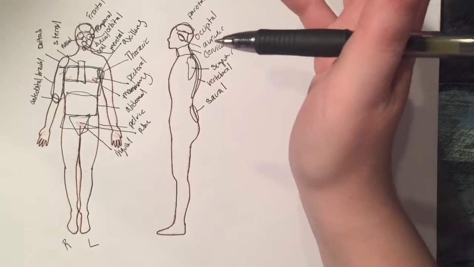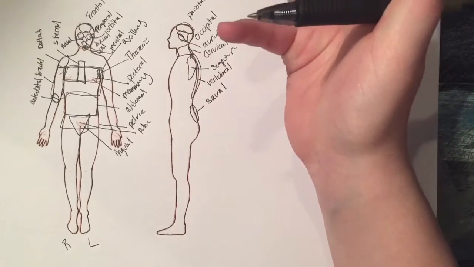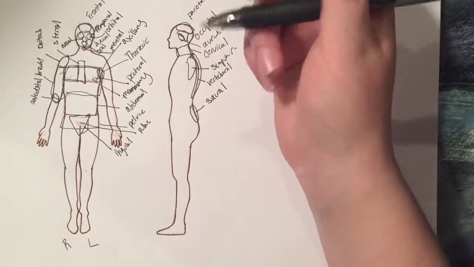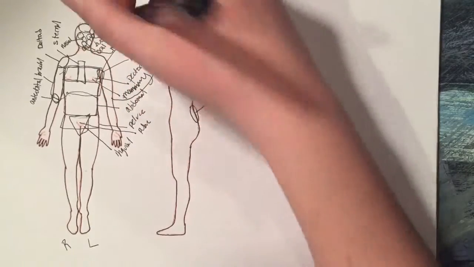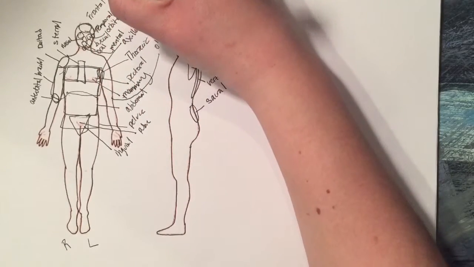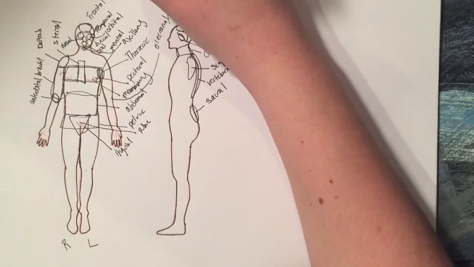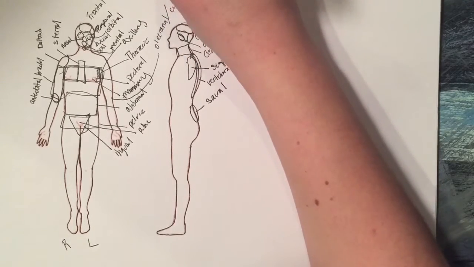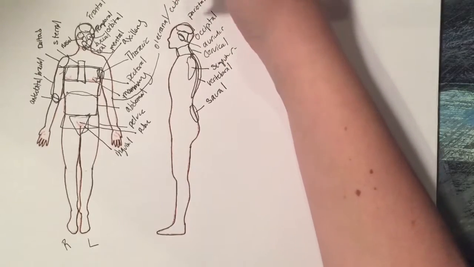Olecranon because you have olecranon process, and then I don't really know where they get cubital, but it's also used. So draw it right here. Olecranon/cubital. Sometimes it's easier to remember antecubital and cubital, and I just always remember olecranon.